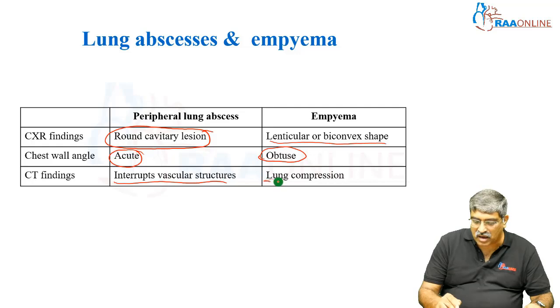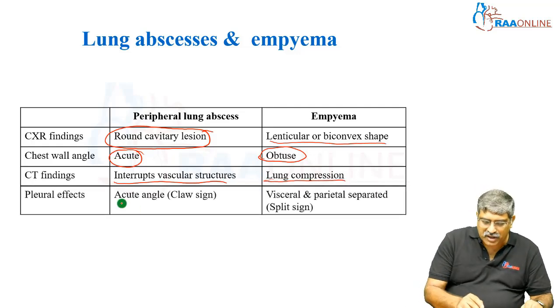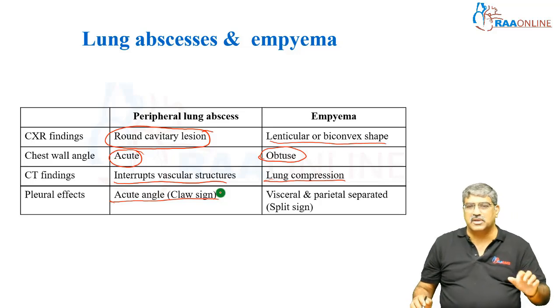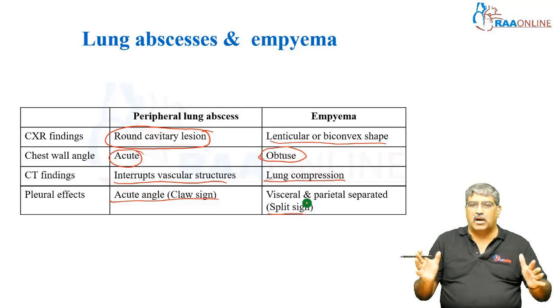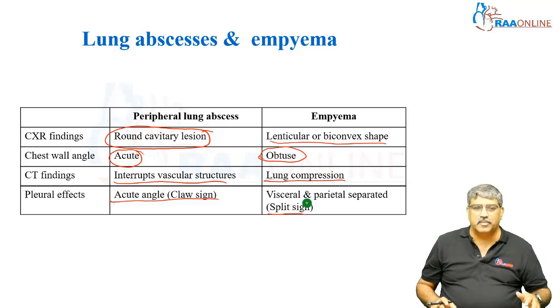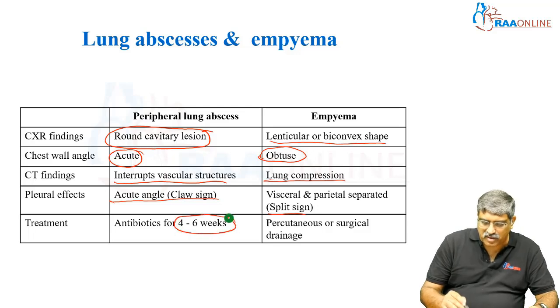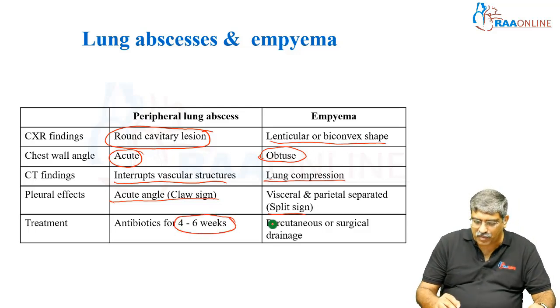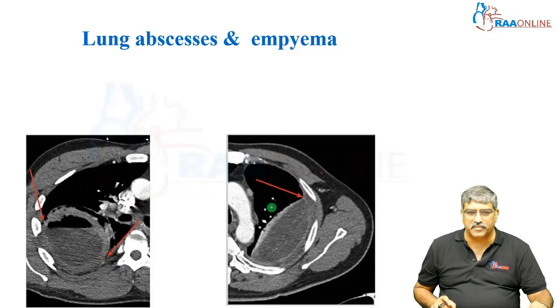It causes lung compression in empyema. And there is an acute angle and claw sign in abscess, but a split sign in empyema, in which the parietal and visceral pleura are separated and split. Treatment in lung abscess is antibiotics for 4 to 6 weeks. In empyema, it is percutaneous or surgical drainage.